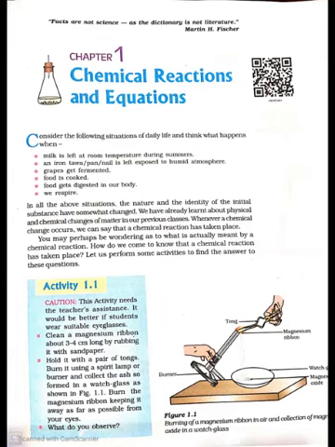Now group activity. Perform the following activity. Take 4 beakers and label them as A, B, C and D. Put 25 ml of water in beakers A, B and C, and copper sulfate solution in beaker D. Measure and record the temperature of each liquid contained in the beakers above.